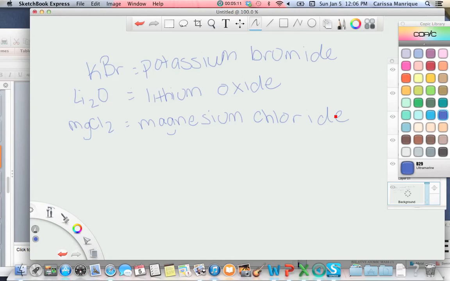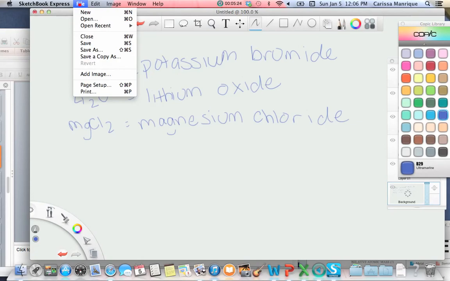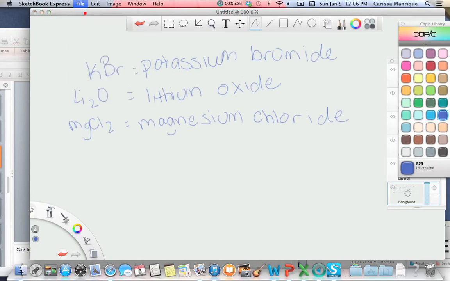So magnesium chloride. And again, with main group metals, we don't do anything with the subscripts. Okay, now let's see how to write these from the names. So that's how you name them.